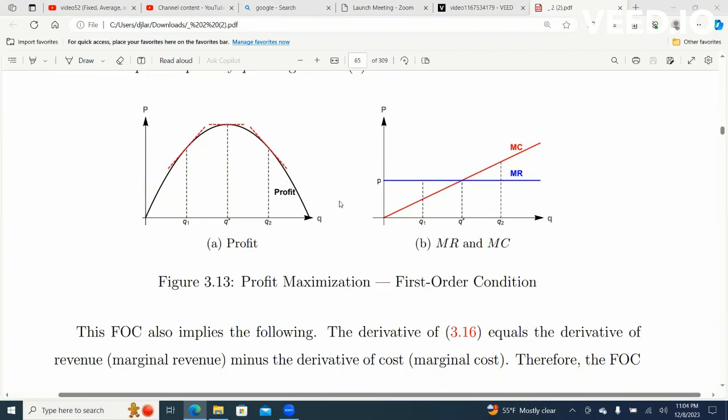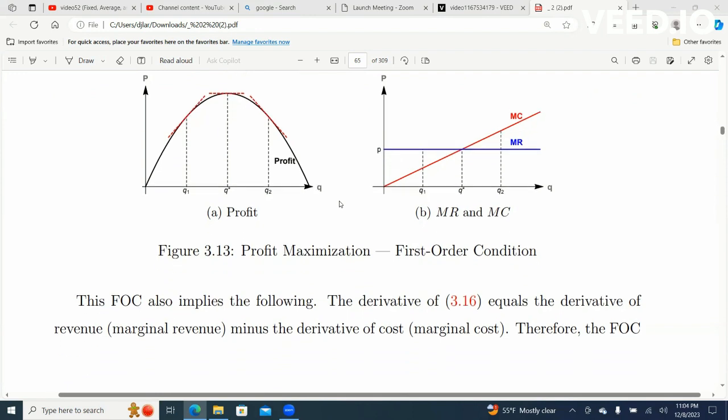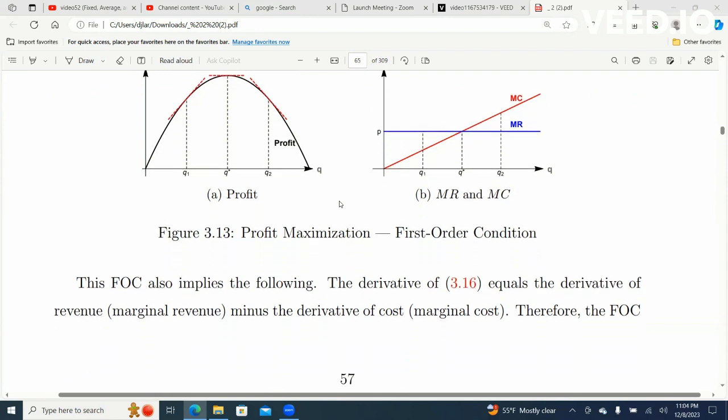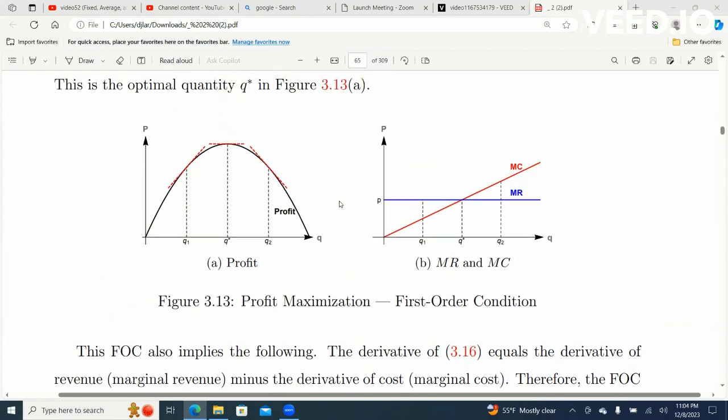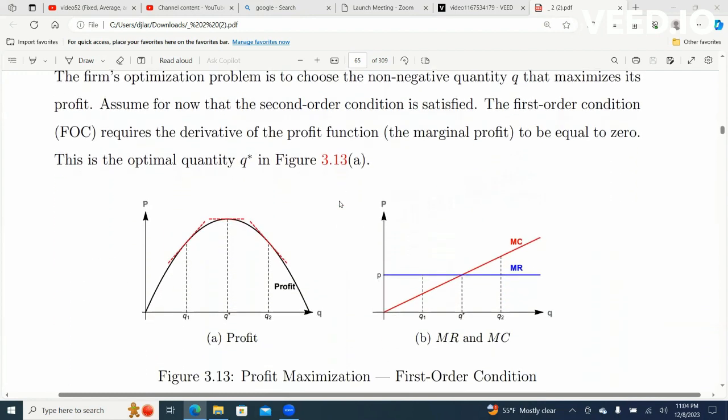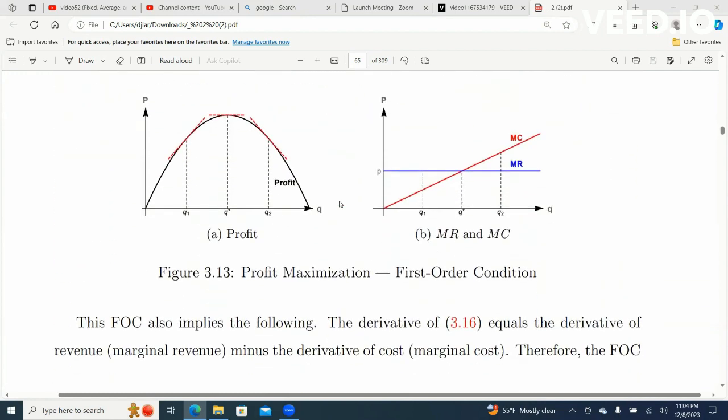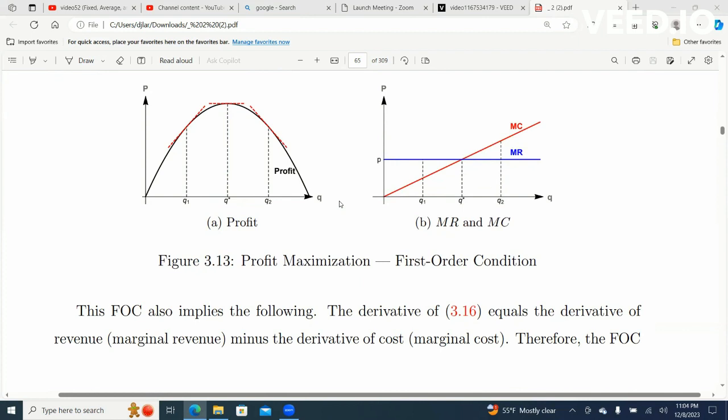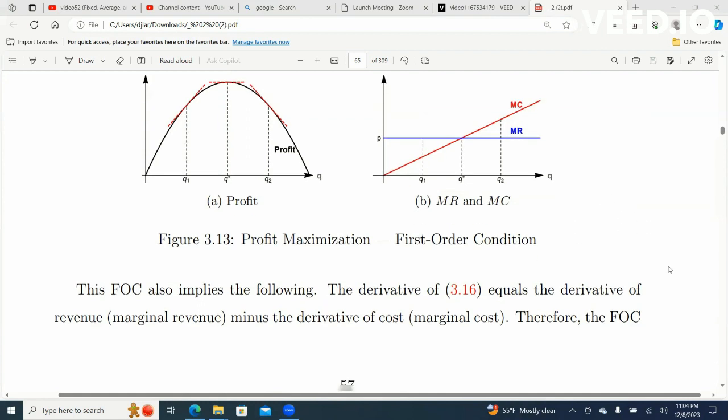So this first order condition also implies the following: the derivative of 3.16 equals the derivative of revenue, marginal revenue, minus the derivative of cost, marginal cost.